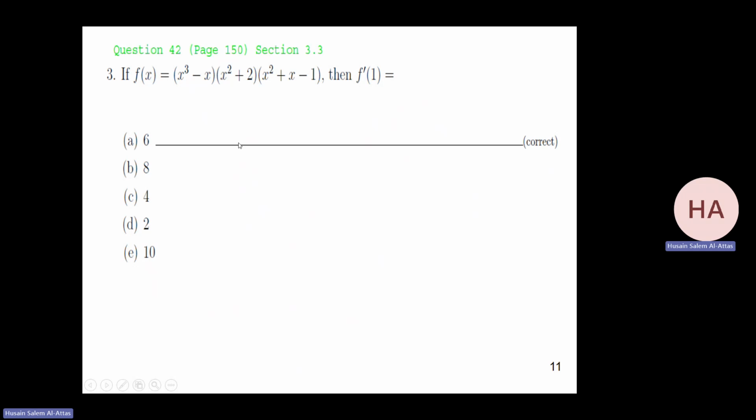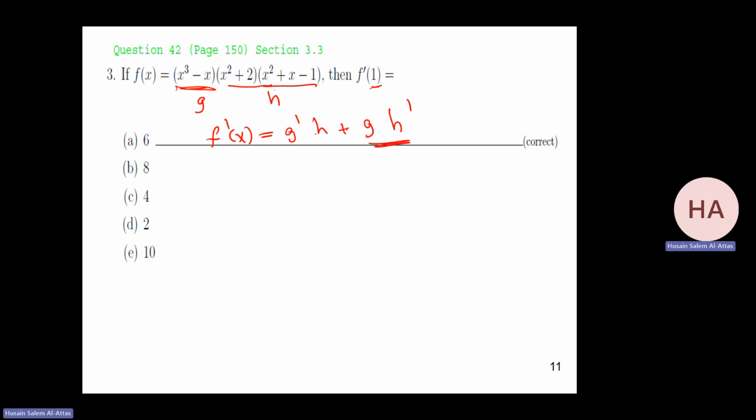A product of three functions. But I need to find the derivative at 1. If you notice, at 1 this will be 0. So let me use this. If I consider this is f and this is g, and h, when I do the derivative, it will be g prime times h plus g times h prime.